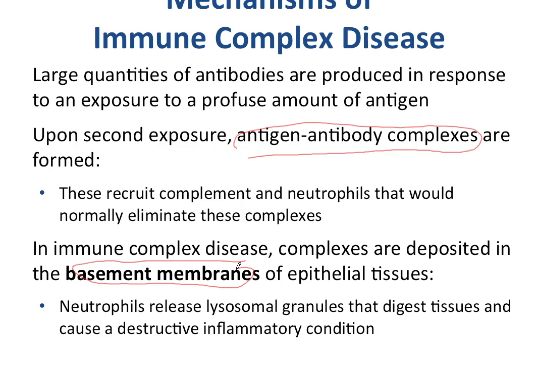Then the neutrophils may recognize this complex as a foreign substance and release lysosomal granules to destroy it. Once the lysosomal granules destroy this complex, they also destroy the tissues, so that causes the disease.